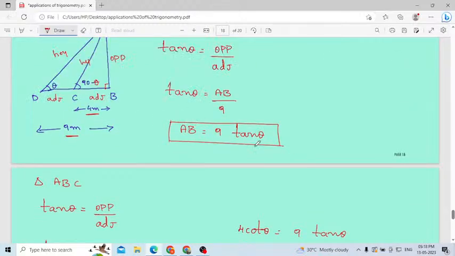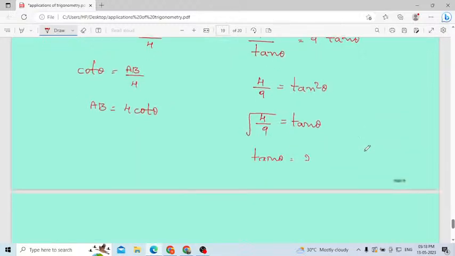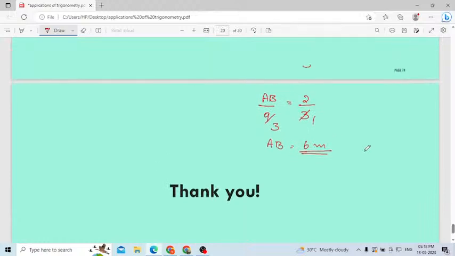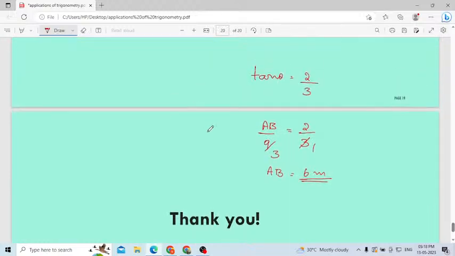AB is equal to 9 tan theta, then from here tan theta will be equal to AB divided by 9. This one I substituted here. In place of tan theta, I substituted AB divided by 9. Then 3 ones are 3, 3 threes are 9, and you will get AB as 6 meters.